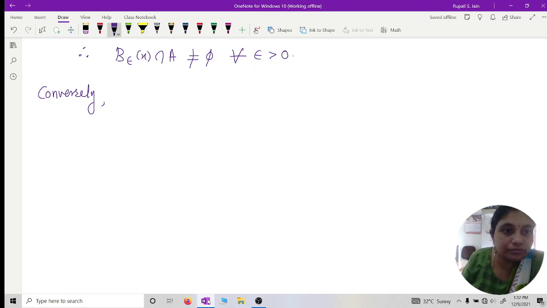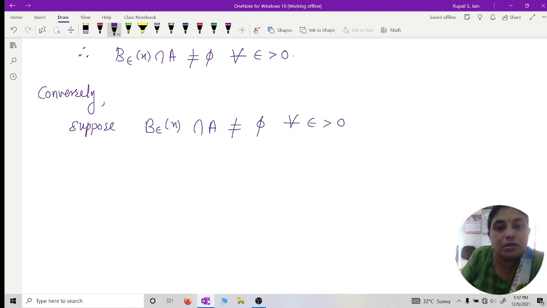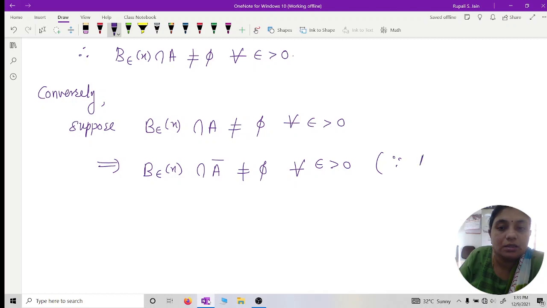Now, suppose B epsilon of X intersection A is non-empty for every epsilon greater than 0. So this implies B epsilon of X intersection A closure is also non-empty, because A closure is bigger than A, since A is contained in A closure.